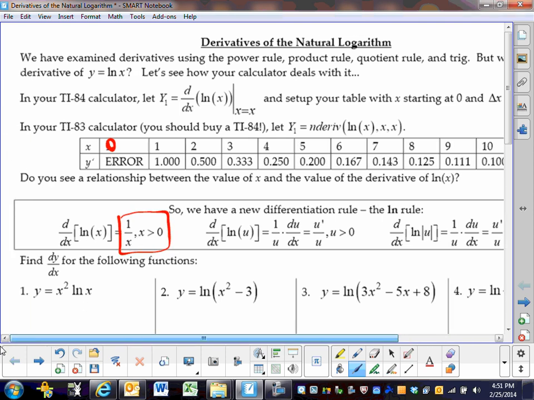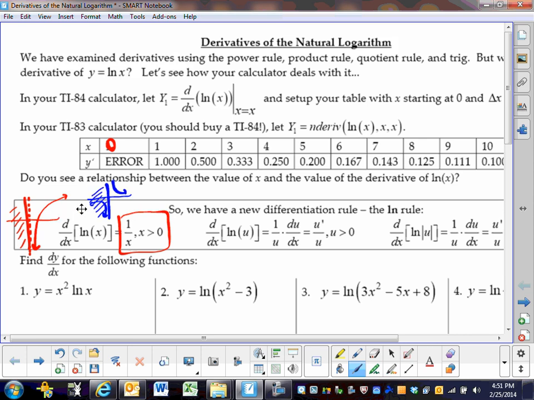Now the reason that is true is because the natural log function does not exist to the left of the y-axis, and there's an asymptote at x equals 0. So we do get a derivative of 1 over x, which looks like this.